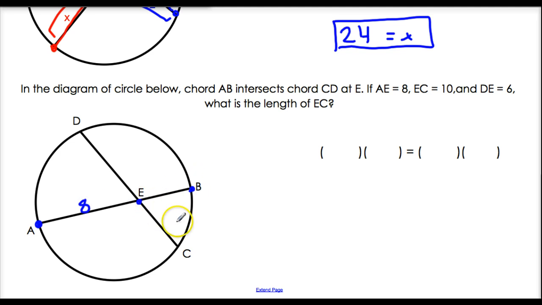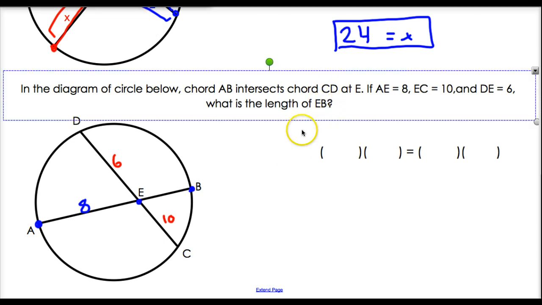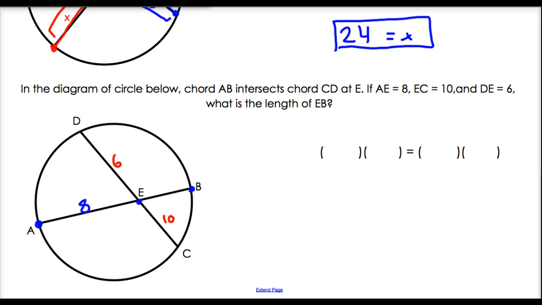We know EC is equal to 10. Because it's a different line, let's put it in a different color. We know DE is equal to 6. We want to find the length of EB.